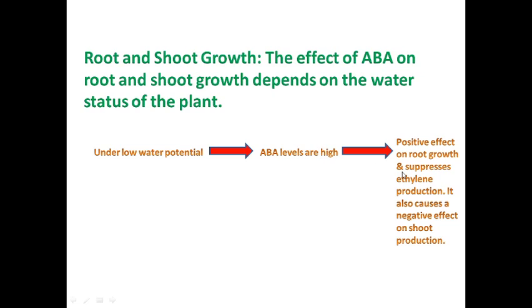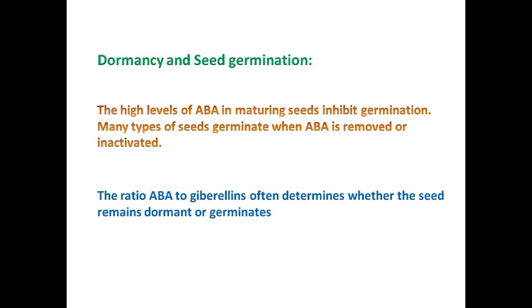As a result, it initiates the growth of the roots, to absorb more water for the plant, and it suppresses ethylene production at that time. It causes a negative effect on shoot production, which would require more water, so it inhibits shoot production at the time of water stress. So this is the role of ABA on root and shoot growth.